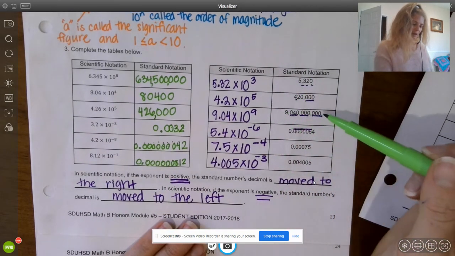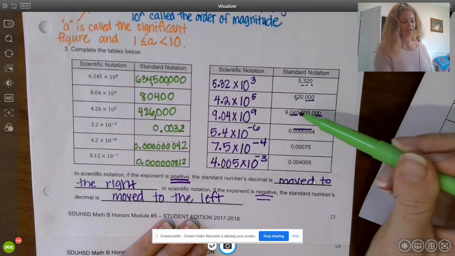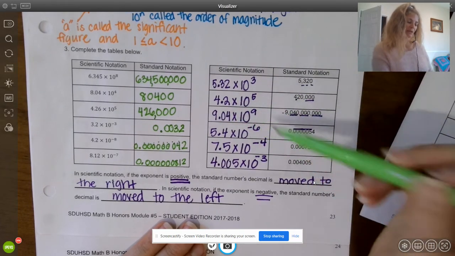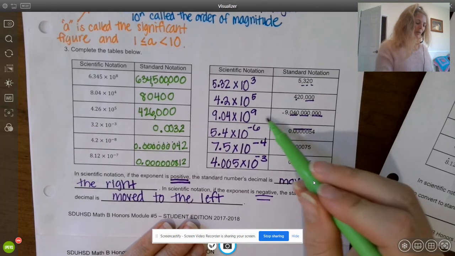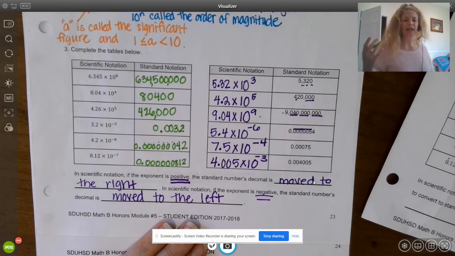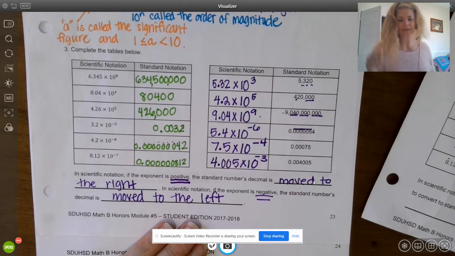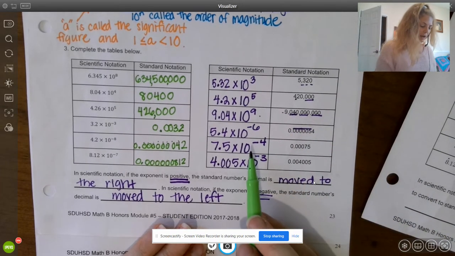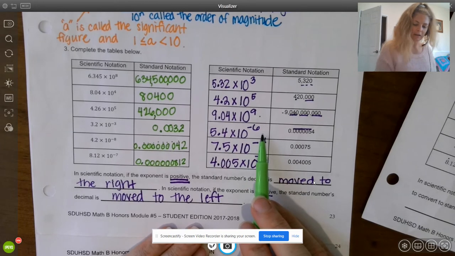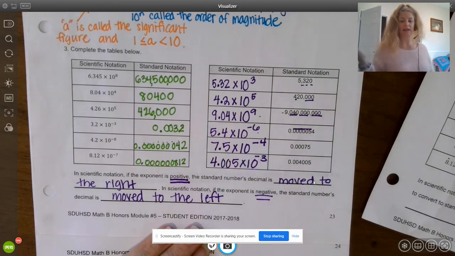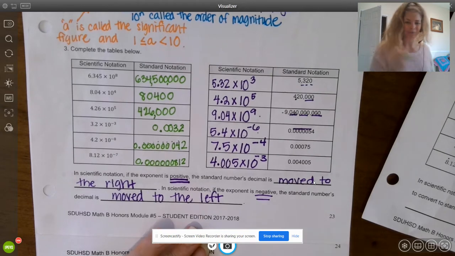The last one we left off on was 9 billion, 40 million, which is 9.04 times 10 to the 9th. See how more efficient it is to just say this in scientific notation than counting over and thinking all those place values? Cool. The next one, 5.4 times 10 to the negative 6. And the last one you had to do, 7.5 times 10 to the negative 4. So much more efficient to communicate with scientific notation.